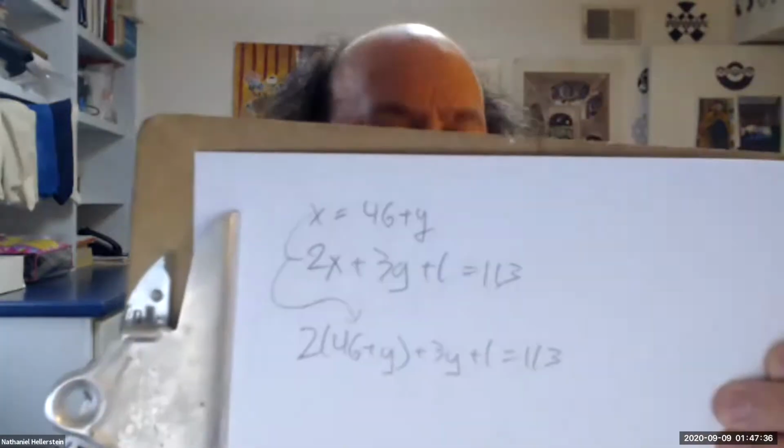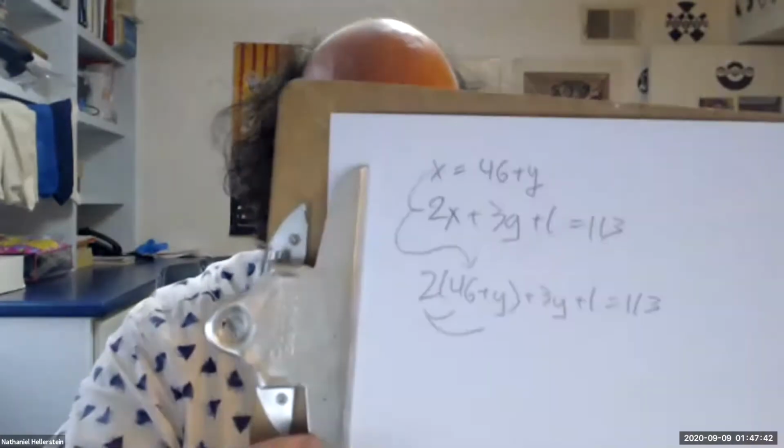Substituting this into here, like that. And so if you distribute the 2 over the 46 and the y, you get 92 plus 2y plus 3y plus 1 equals 113. Like that. I hope you can read that.